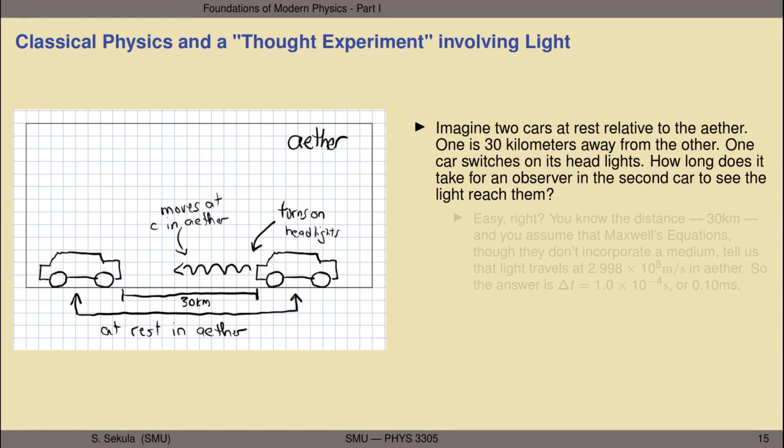What you do is you imagine a scenario, you analyze the scenario using the understood principles of nature or laws of physics, and you look to see if the conclusions of running this imaginary experiment would in any way violate logical or physical consistency.